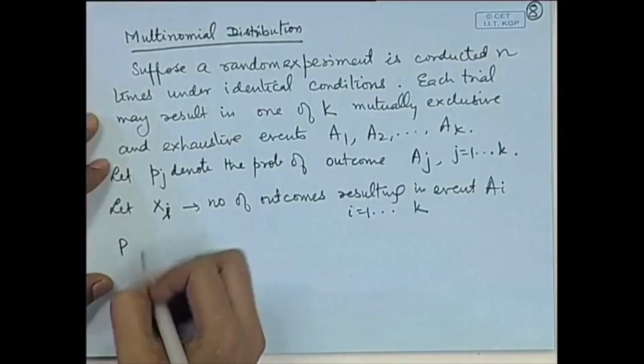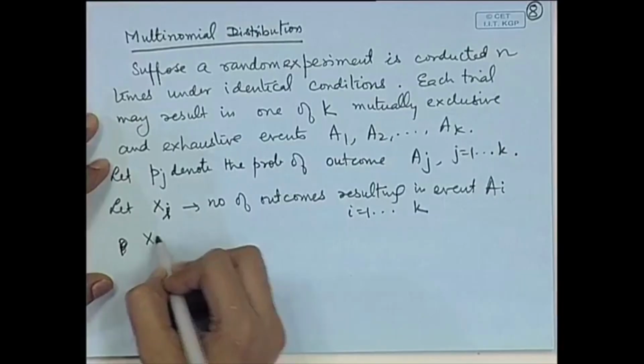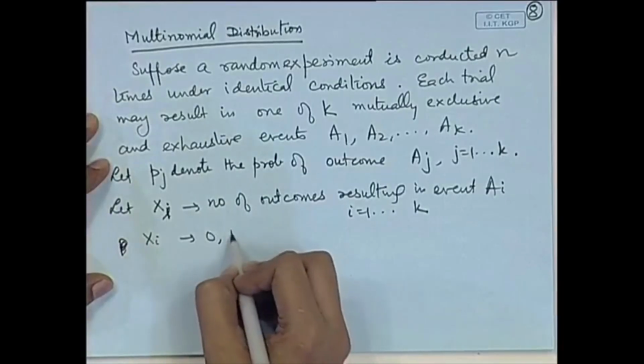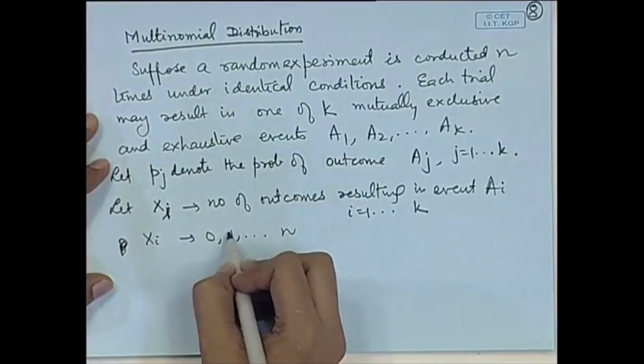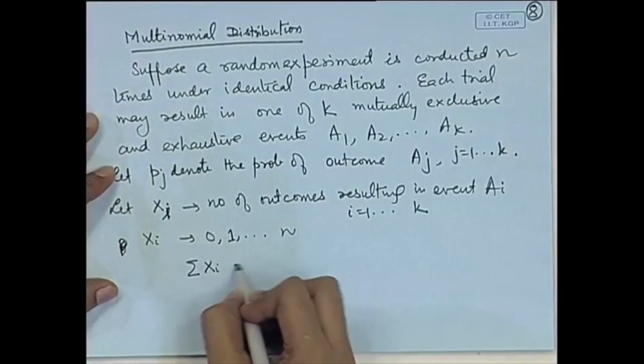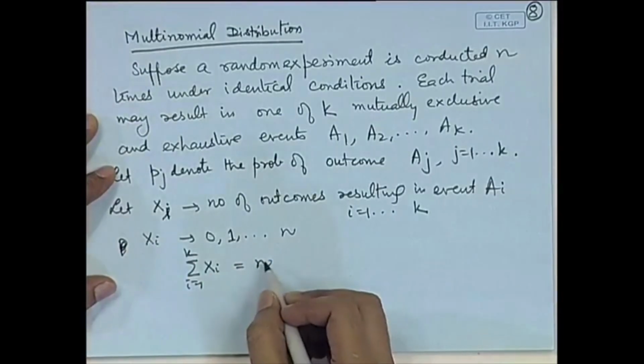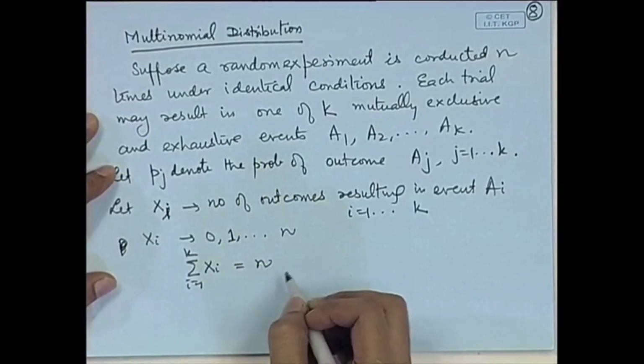Then what are the possible values of the x i's? The x i's can take values 0, 1 up to n, subject to the condition that sigma x i is equal to n, because n is the total number of trials.